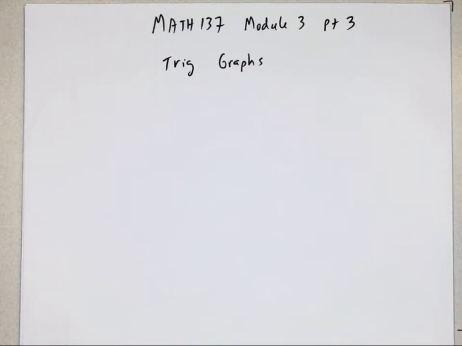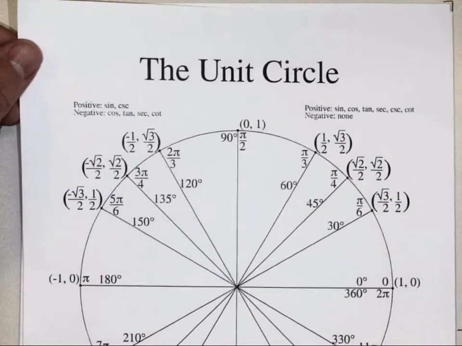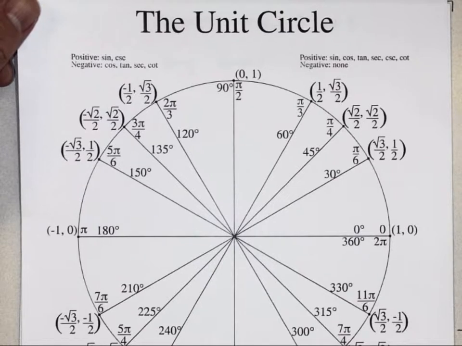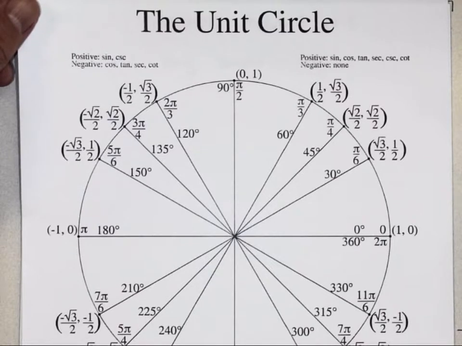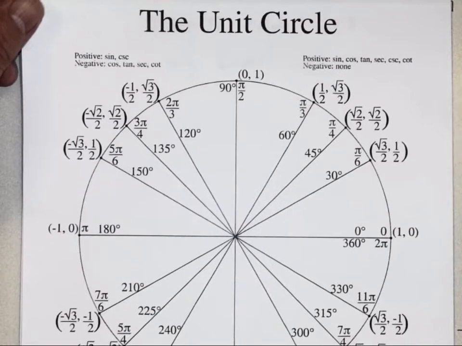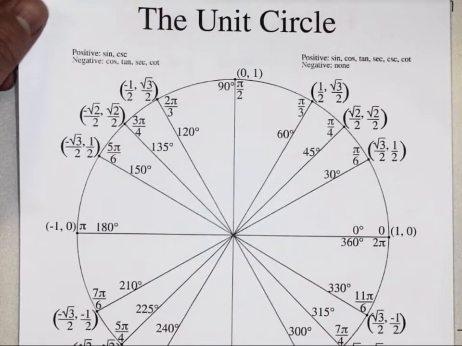As we start creating these trig graphs, you're going to see that one of the things I use is the unit circle. We just had a couple lessons on the unit circle. Once again, here is the document. Remember, the unit circle allows us to easily determine the trig functions of any of our special angles.